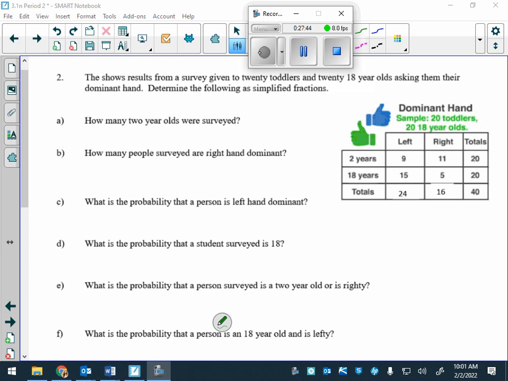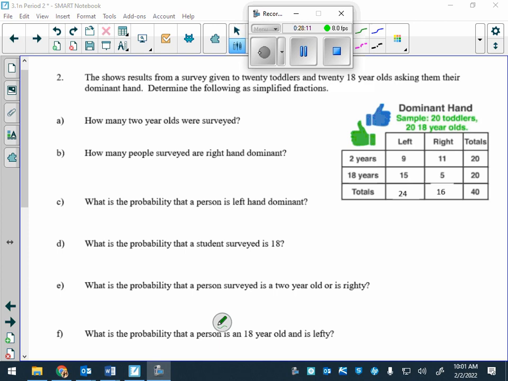Why? Did someone get something different? Riley? 25 out of 40, right? Okay, that is correct, because how many two-year-olds are there? 20 out of 40.